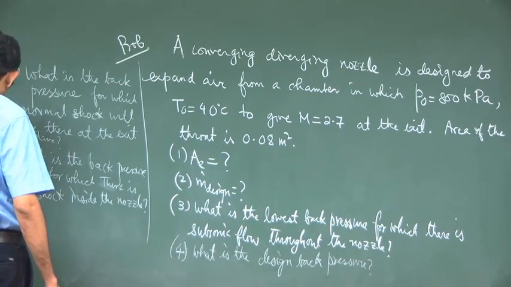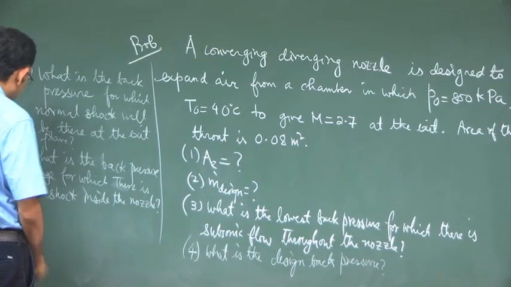What is the range of back pressure for which there will be oblique shock at the exit?